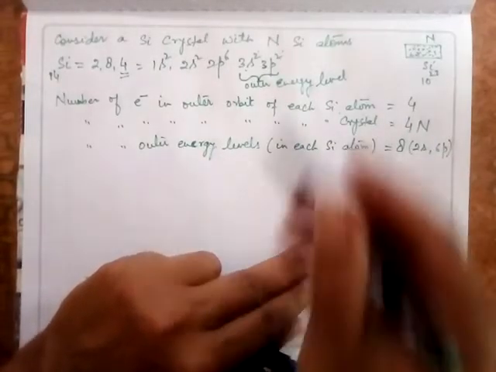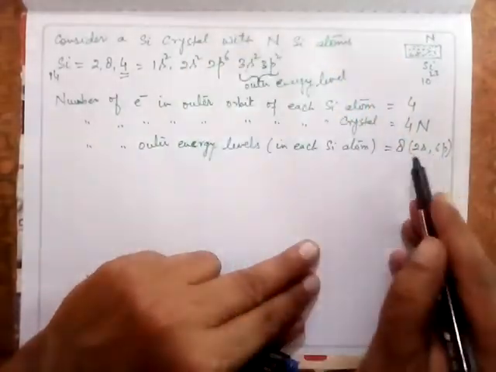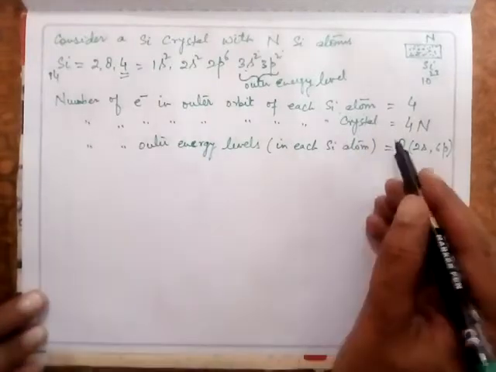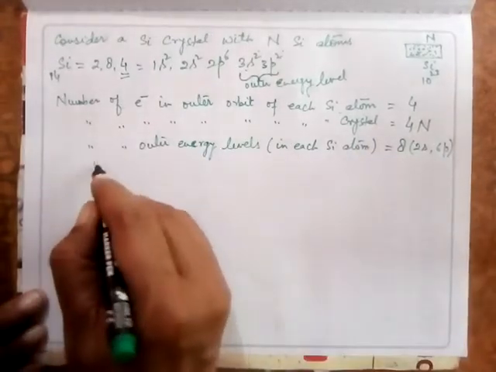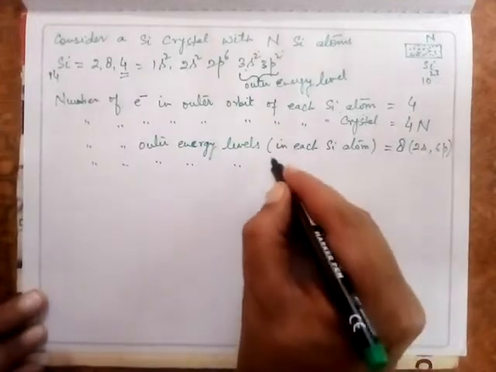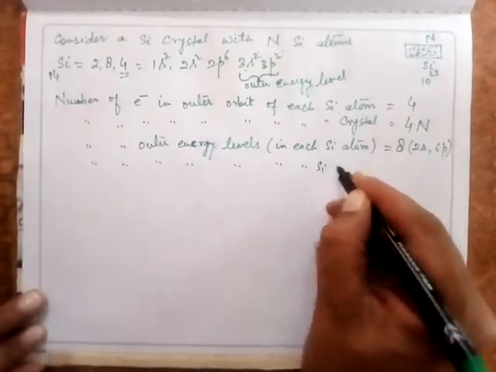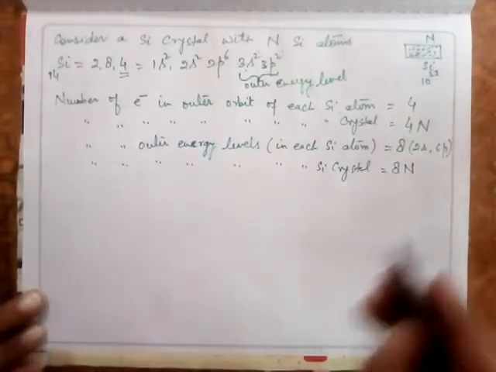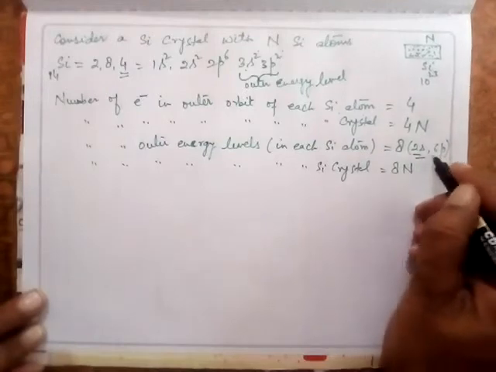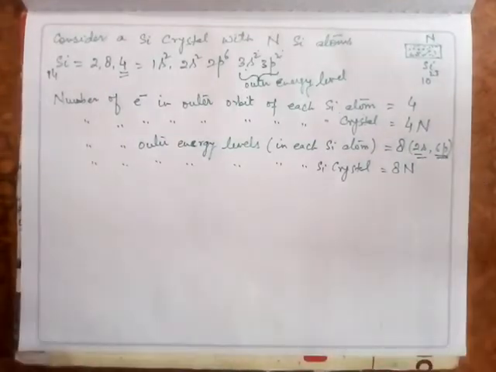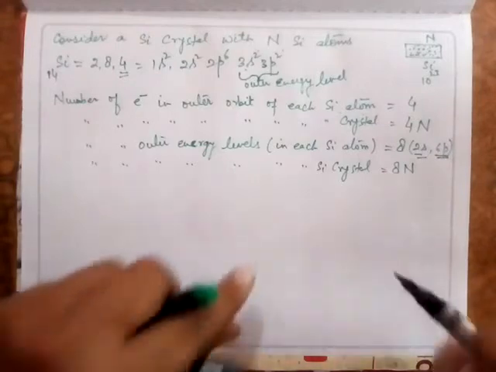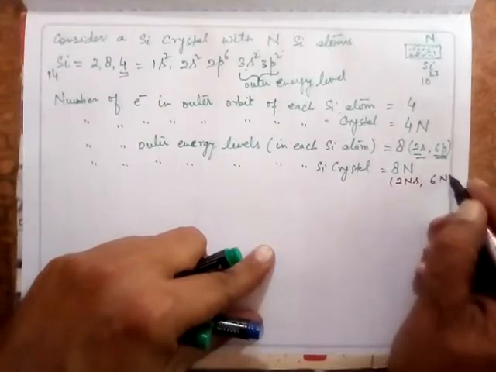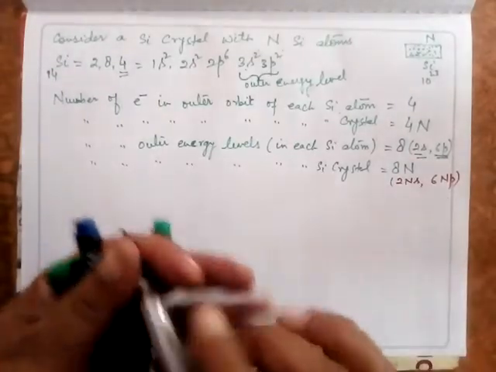Although 4 are filled, there are 8 levels. So the number of outer energy levels in a silicon crystal will be 8n, that is 2n s plus 6n p. This much. I hope this is clear to you.